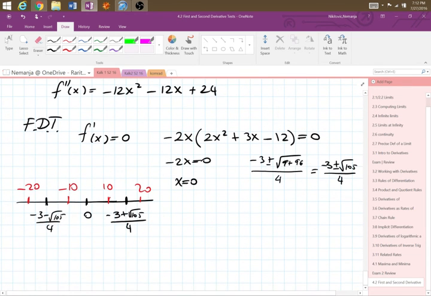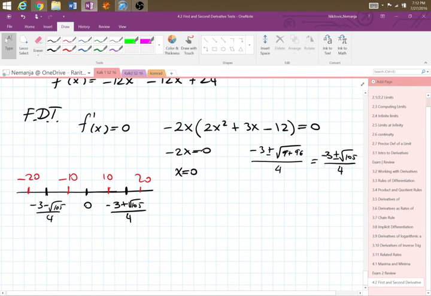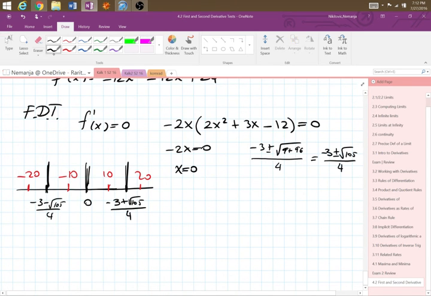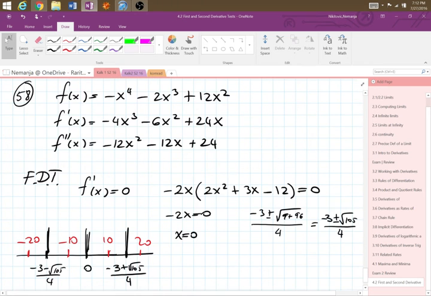And we can compute each one of these in the first derivative to check intervals. So the first derivative computed at negative 20. Yeah, that's a lot of calculations there.